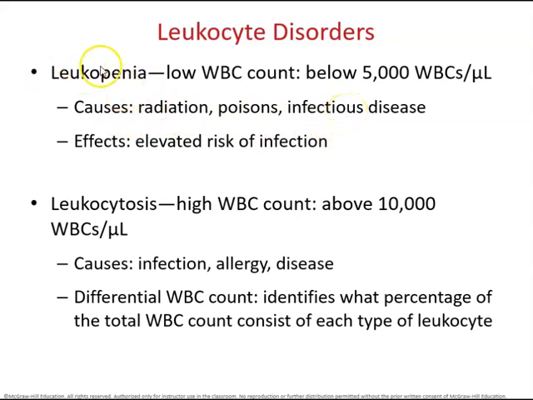Leukopenia, with low white blood cells, opens the door to a higher risk of further infection. Another type of leukocyte disorder is called leukocytosis. Leukocytosis has a high white blood cell count. The cause for this type of disorder is also infection, allergy, and other types of diseases.